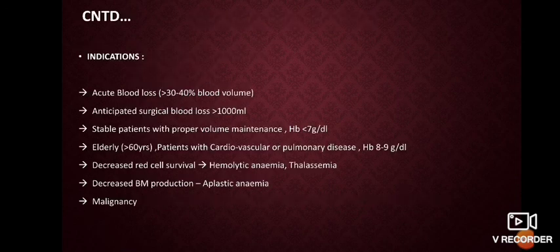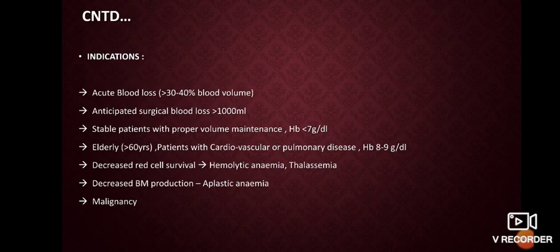And the indication grossly is acute blood loss of more than 30 to 40% blood volume, anticipated surgical blood loss of around more than 1 liter, stable patients with proper volume maintenance, for having HB less than 7 gram, and if the patient is elderly or with some cardiovascular or pulmonary disease, then we should maintain a HB of around 8 to 9 gram per deciliter.